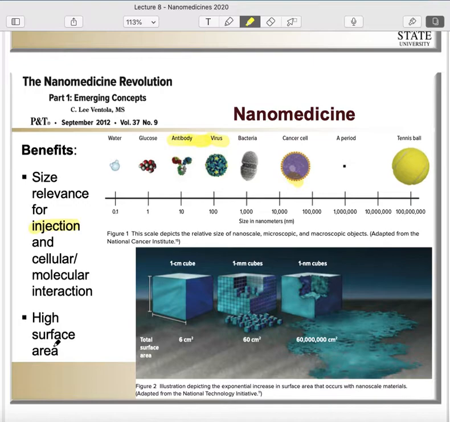But on the other hand, having a high surface area might be problematic for our application because it also enables rapid absorption of proteins onto the surface, and it also can lead to aggregation. And of course, remember that we're talking about utilizing them as a colloidal suspension. So aggregation is not a good thing in our case.